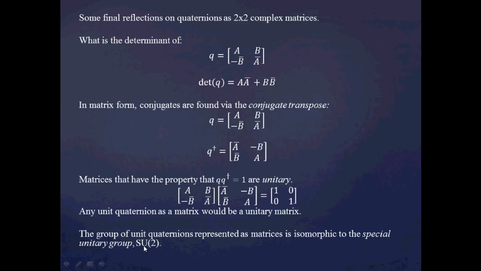The U means that these matrices are unitary, which means they have the property that Q Q dagger is equal to 1. And the special means that they have a determinant equal to 1. This group, SU2, is pretty much the unit quaternions. It's all the matrices of this form which also have unit length.